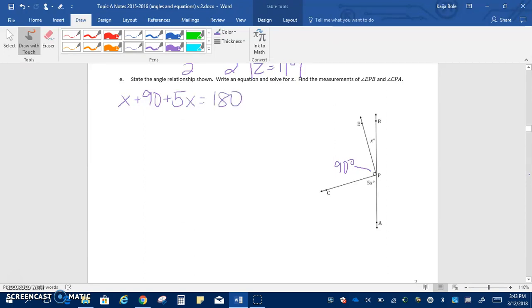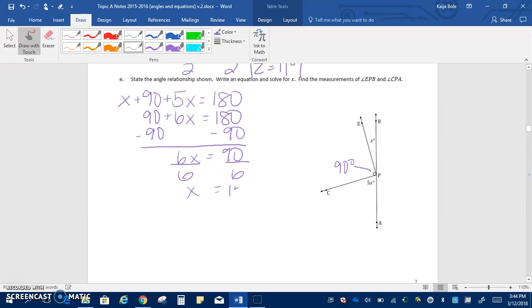So first I combine like terms, so I have 90 plus 6x equals 180. I'll subtract 90 from both sides, and I get 6x equals 90. So I divide by 6 on both sides, and I get x equal to 15.